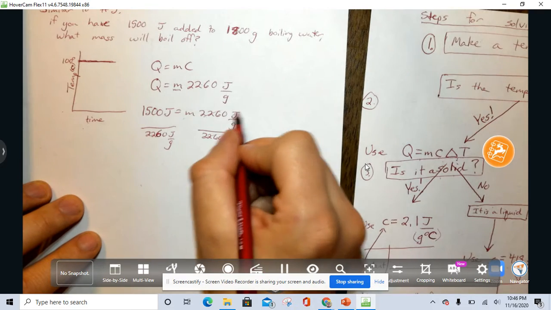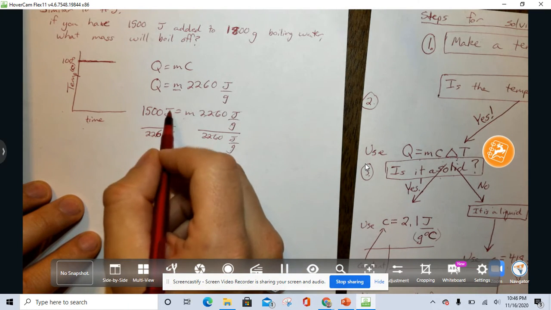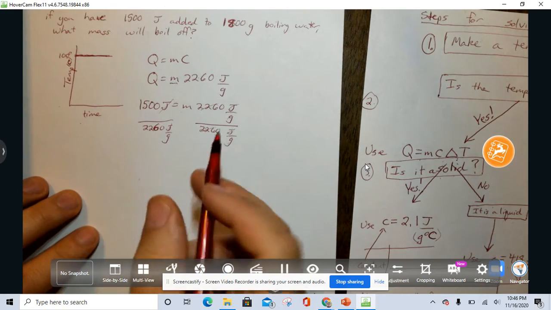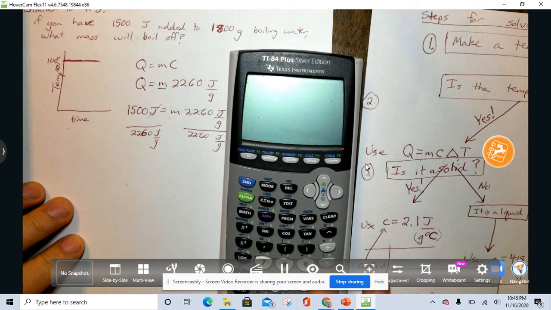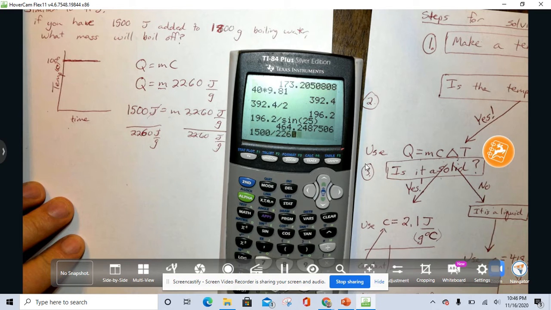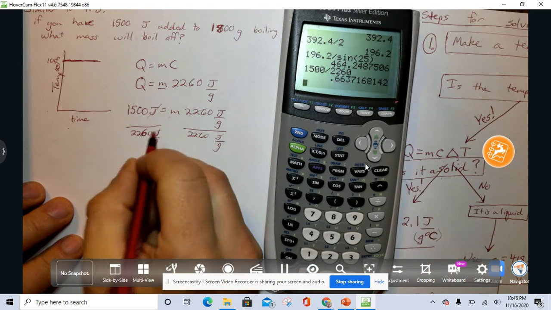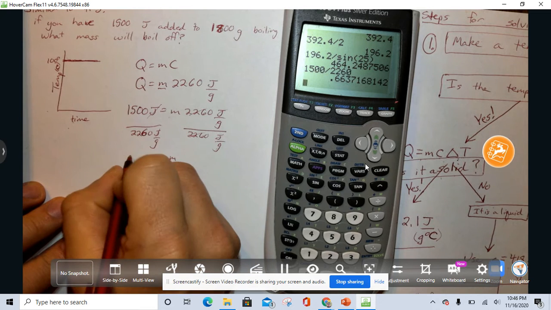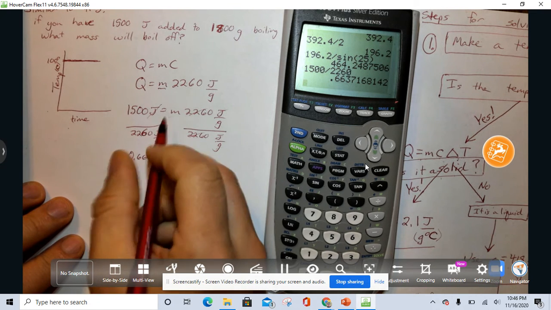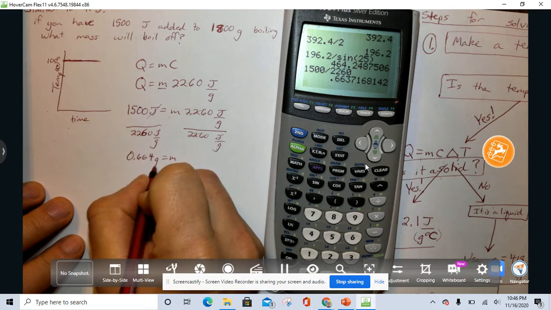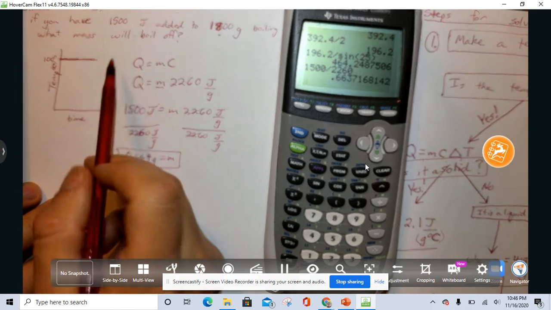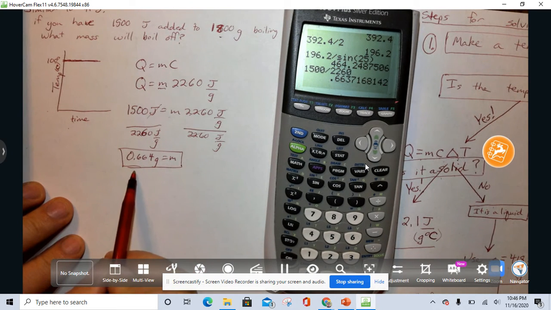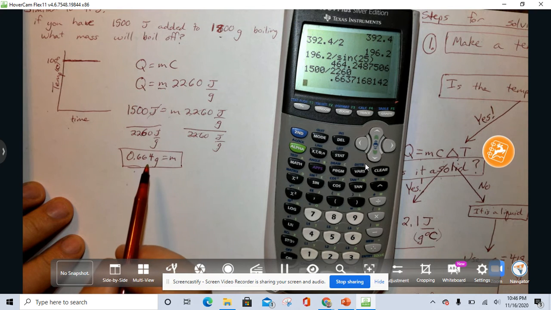So 2260 joules per gram, I'm going to actually cancel out the joules, and I will get 1,500 divided by 2260, and I'm left with a mass of 0.664 grams. So there's a lot left over, but if I put in 1,500 joules, I will get this much of it that is boiled off.